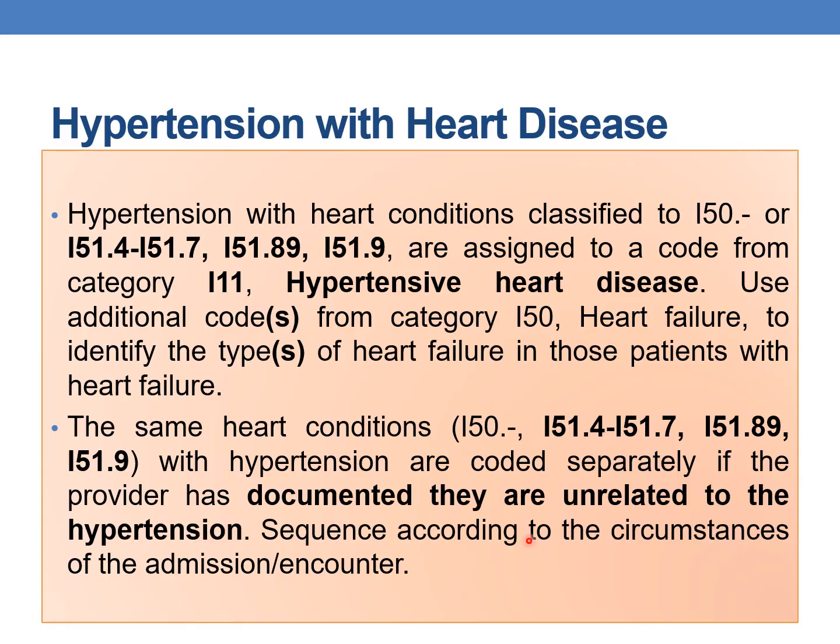If they are unrelated to hypertension, then you need to query the provider and sequence according to the circumstance of admission and encounter. When the physician documents they are unrelated, then you should not use the I11 code and you need to query the provider. In 90% of the cases, it will not be the scenario.